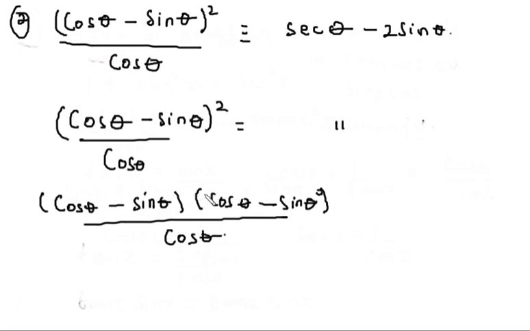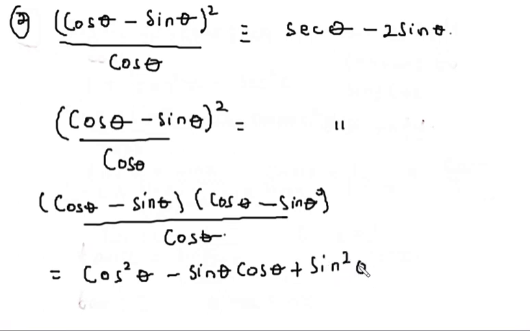Cos theta times cos theta is cos square theta, minus sine theta cos theta is minus sine theta cos theta, and minus sine theta times minus sine theta is plus sine square theta, all divided by cos theta.